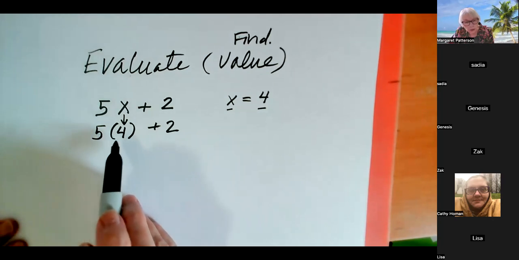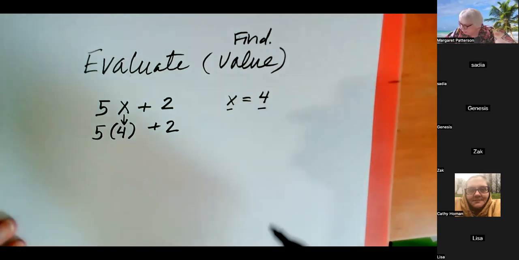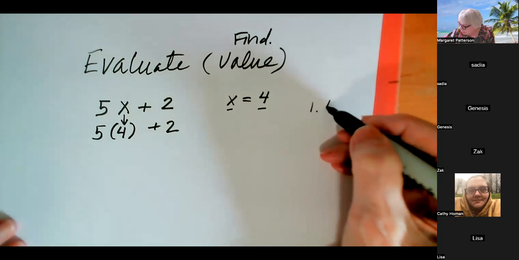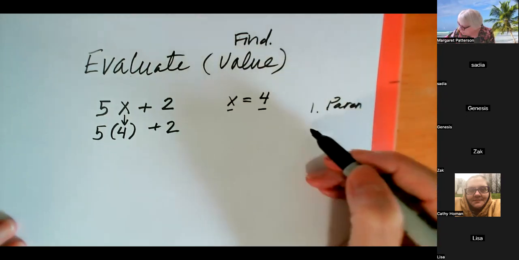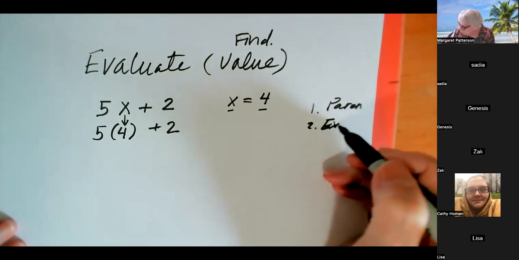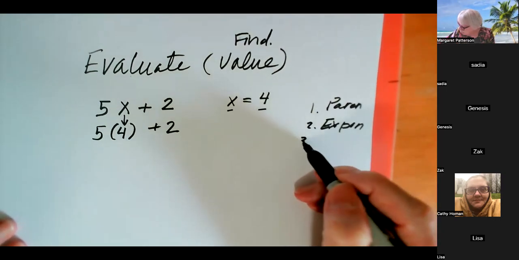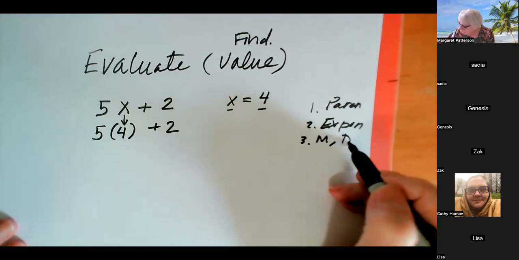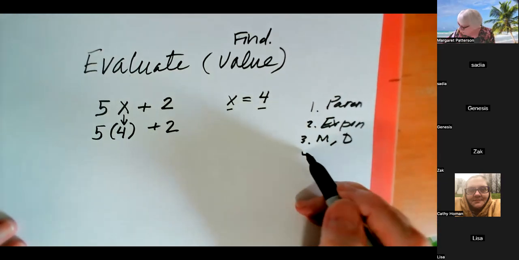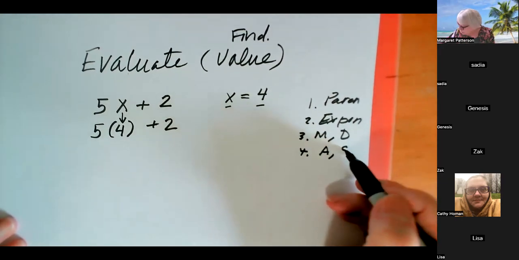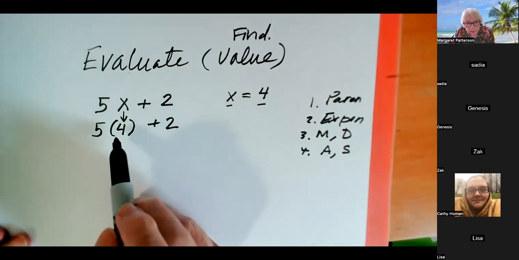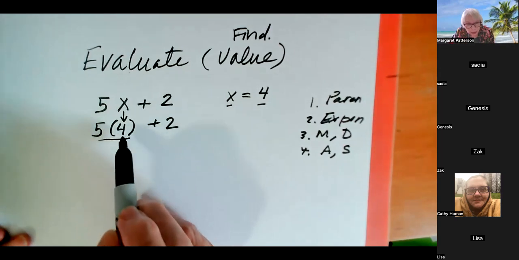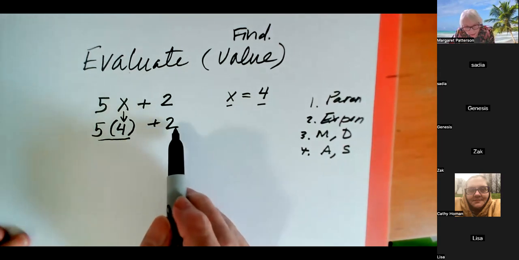And so now order of operation kicks in. Remember order of operation? Parentheses, exponents, multiply, divide, and lastly, add and subtract. And so we learned order of operation way back, but in this particular case, the multiplication is done long before you add.